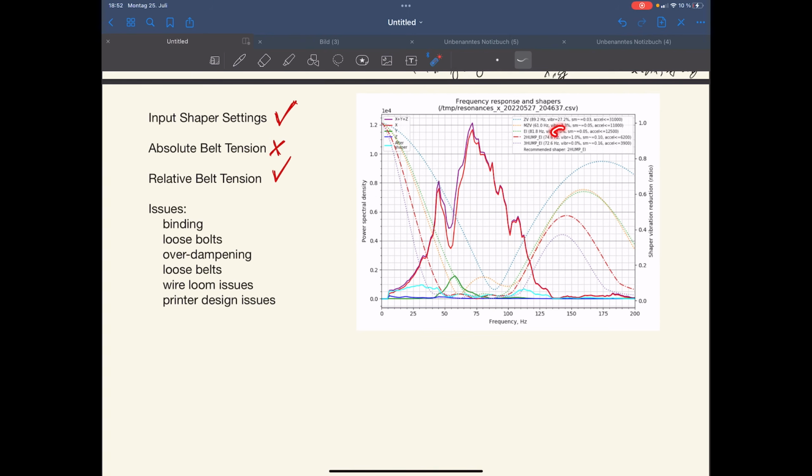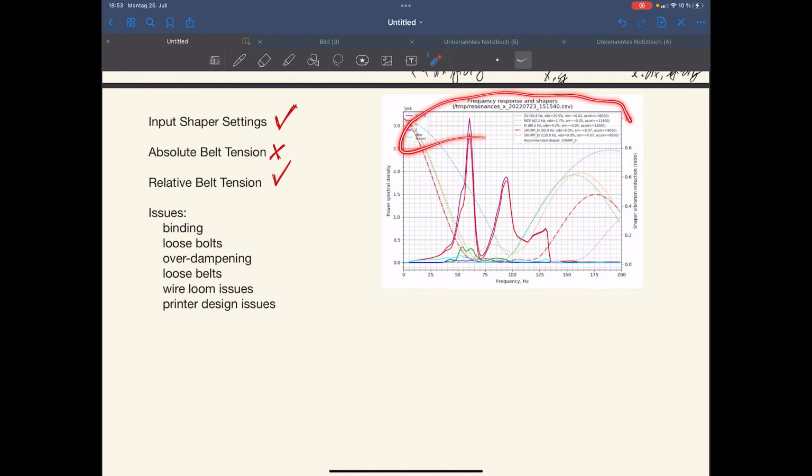For example, the vibrations which are left after the applied input shaper are really high. The shape is just too wide and too edgy. So we have the wire loom issue. We also have a loose bolt, which causes this second peak here. So those are basically two separate issues, and this just results in input shaper not being able to compensate for that.